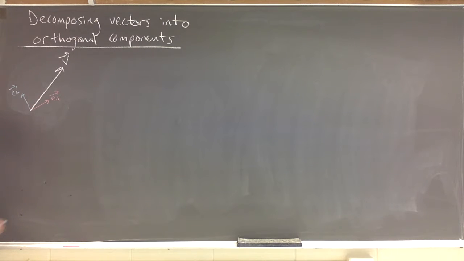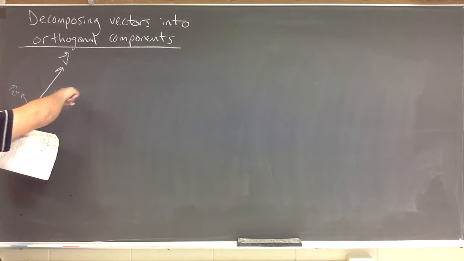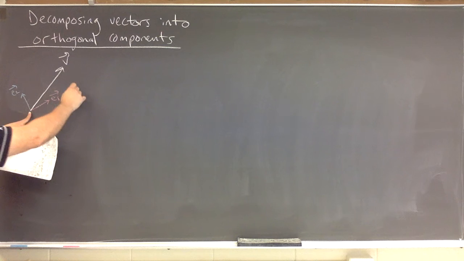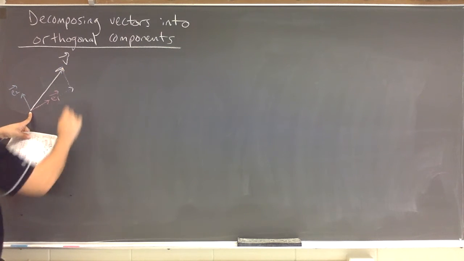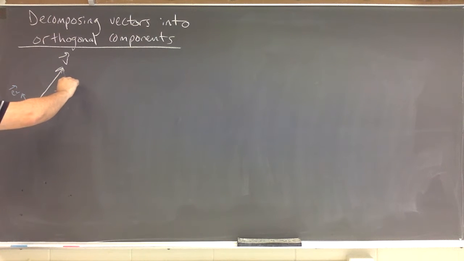Now what we're trying to do is decompose V so that it's along E1 for one of the components and then along or parallel to E2 for the other one.